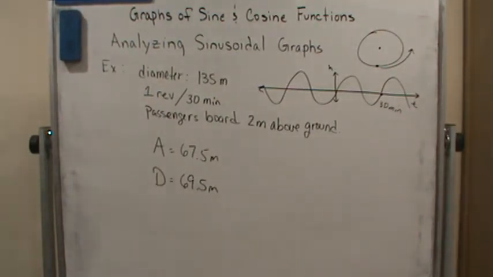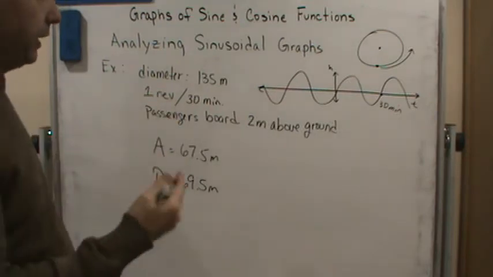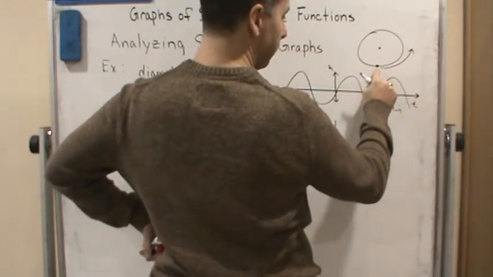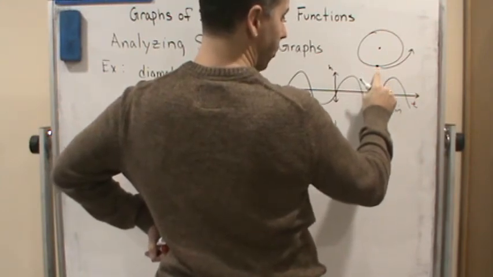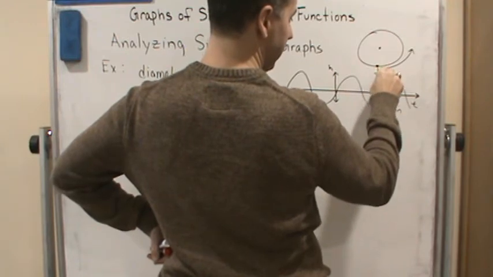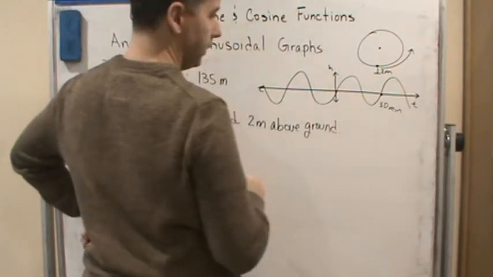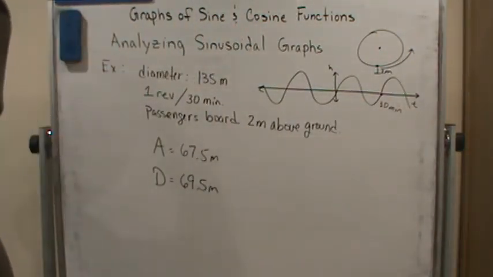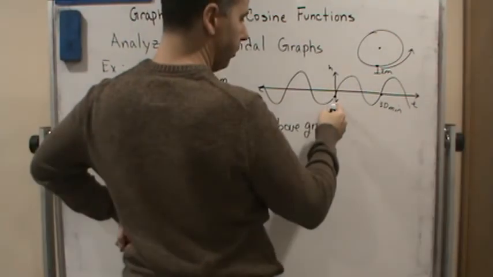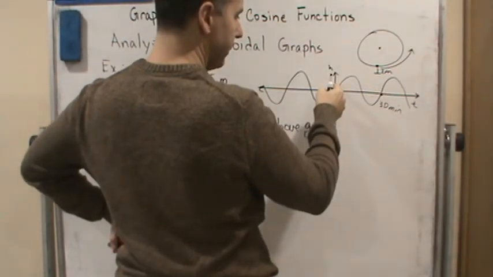Now we also know that this is going to be a cosine curve because, just like in the last problem, they're starting at a minimum value. The height is at a minimum of 2 meters, and then it's going to go to a maximum height of 137 meters. So at t equals 0, it's already at a minimum point, and then it's going to go up from there.